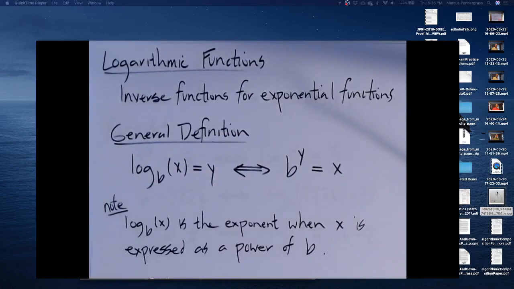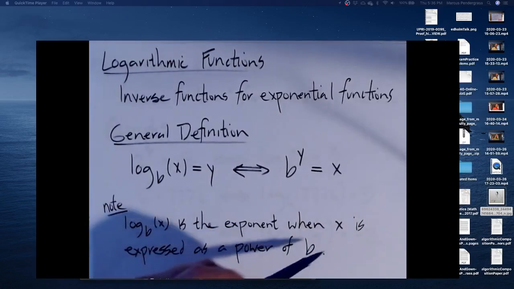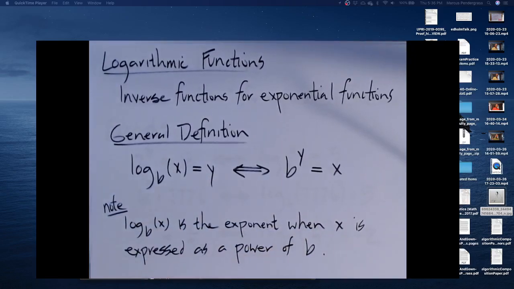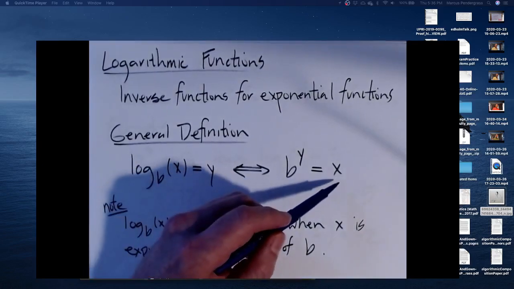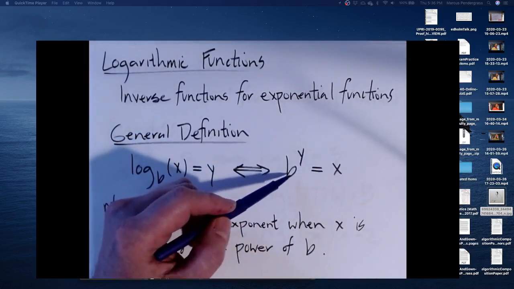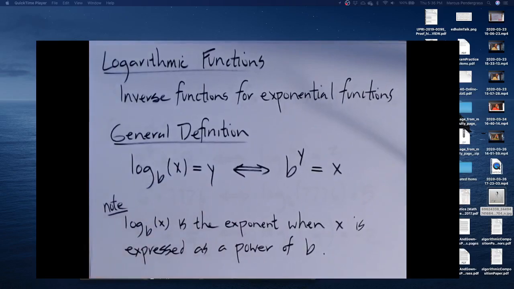So the way to think about this is that log base b of x is the exponent when x is expressed as a power of b. To find log base b of x, you write x as a power of b, and whatever that power is, that's the value of log base b.